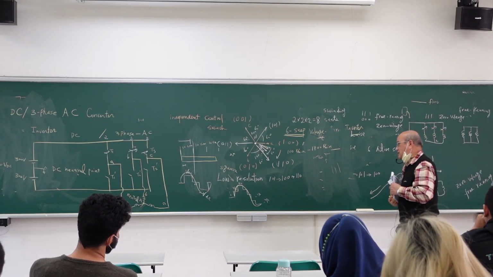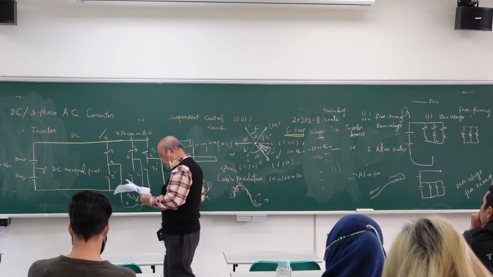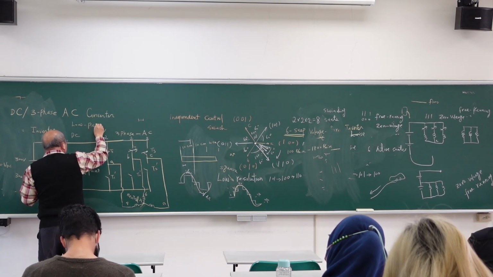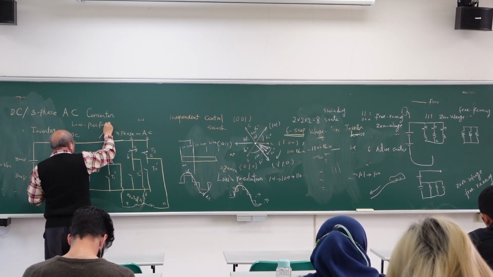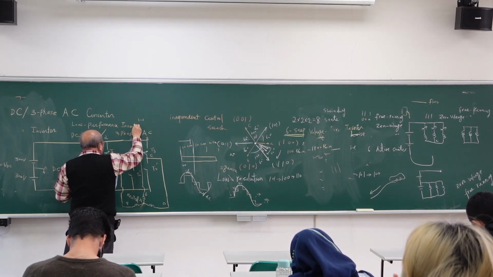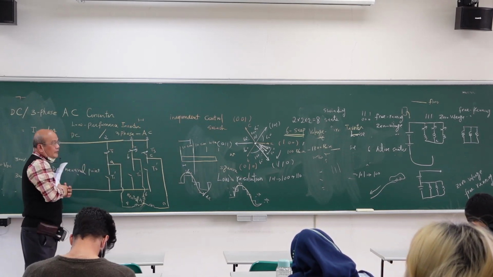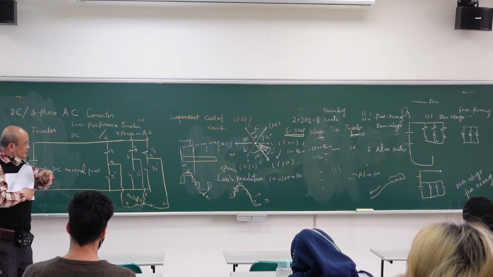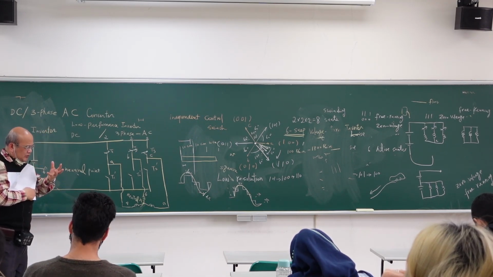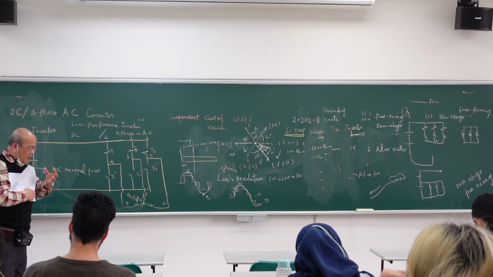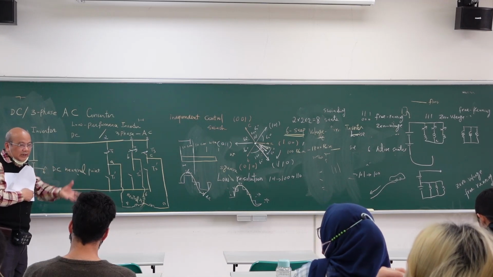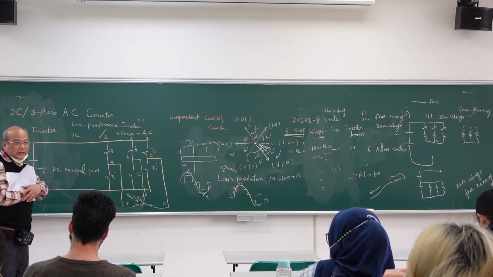So we call this kind of inverter a low performance inverter. It is very bad, but it is useful if you use it to work for a water pump. It is okay, because 1 RPM is not needed.